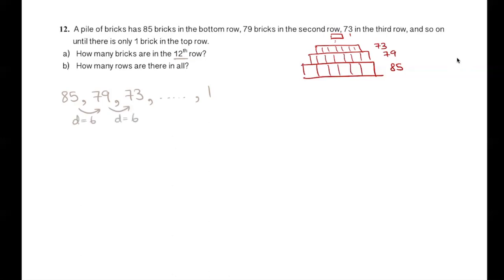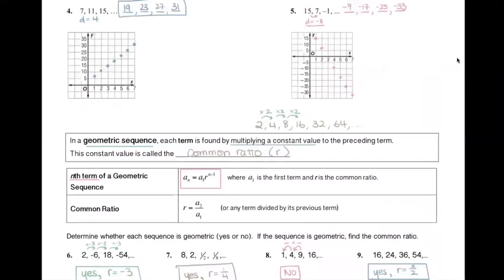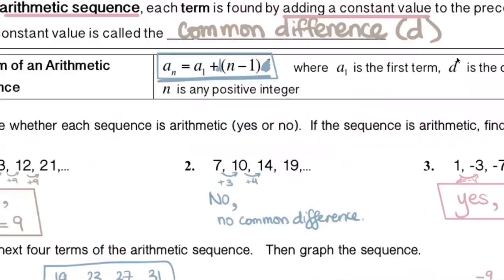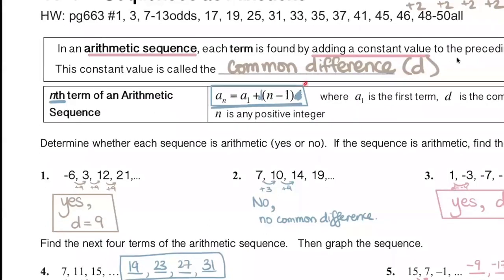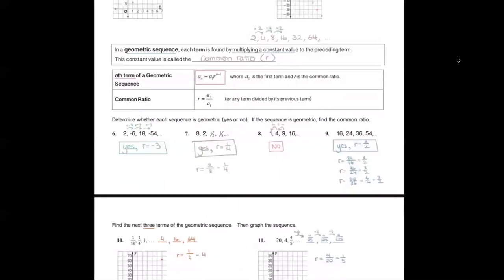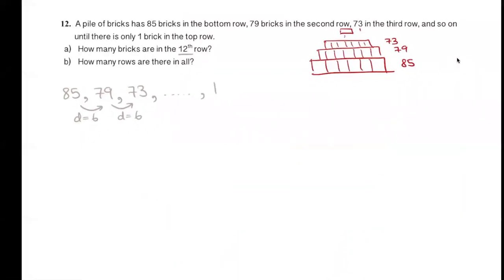I want to figure out what is in the 12th row. So I'm going to use that formula from up here, this nth term circled in blue. Let me copy down that formula down here. A sub n is equal to a sub 1 plus d parentheses n minus 1.